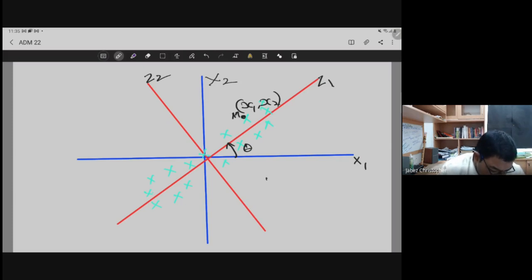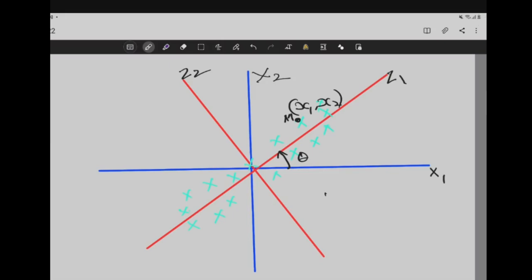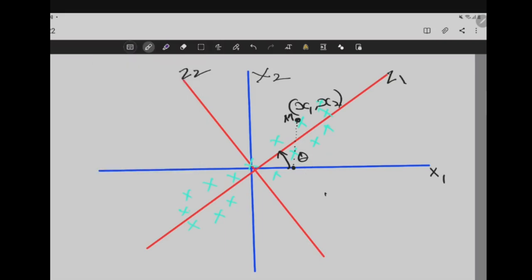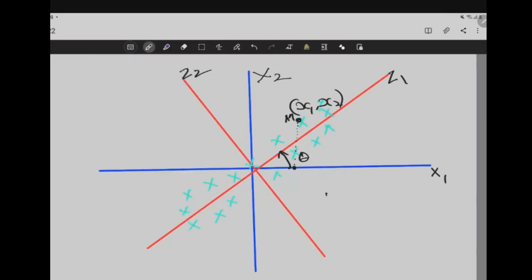Now I call this point M. If the data point M is projected on x1, what will be the projection of M on x1?